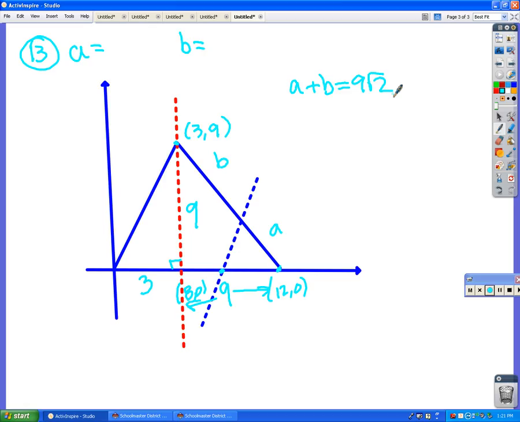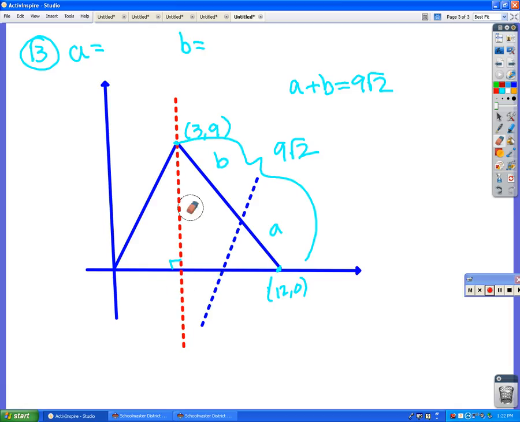Okay, and then where do we go from there? Okay, but if you go that side and then the other side. Okay, gotcha. So now that you know that this whole entire side is 9 root 2, then what you're saying, I think, stop me if I'm wrong.